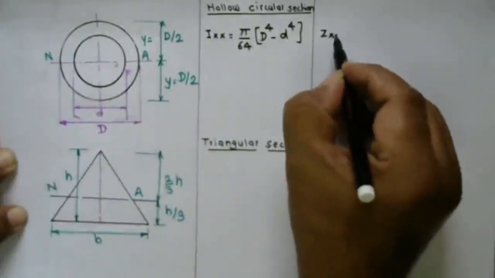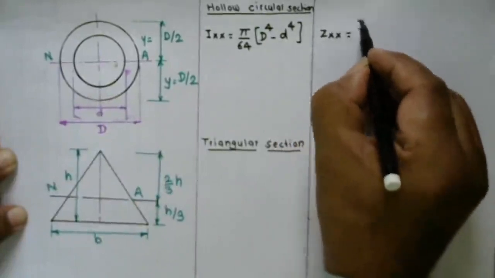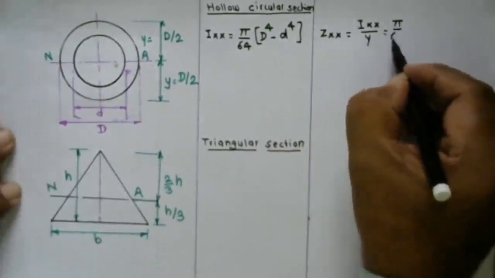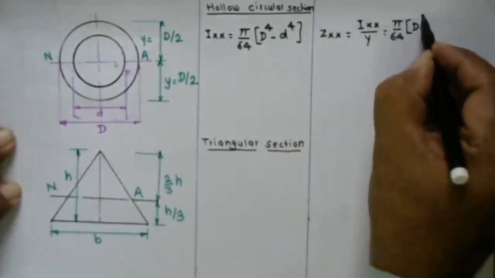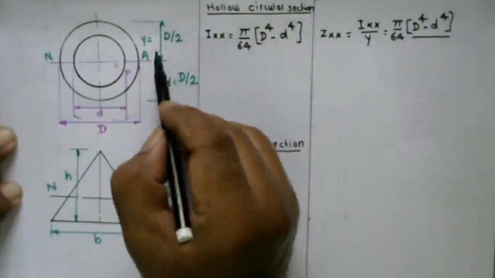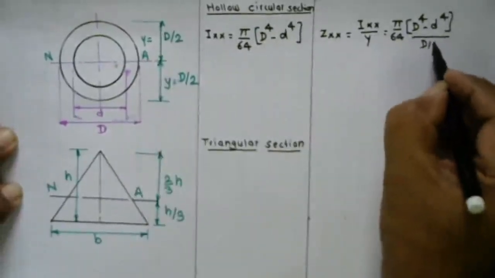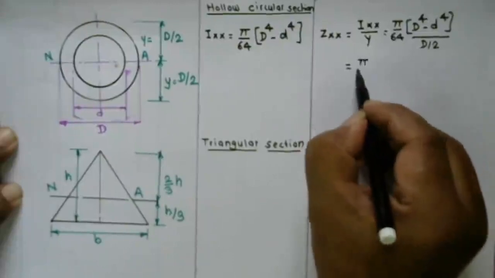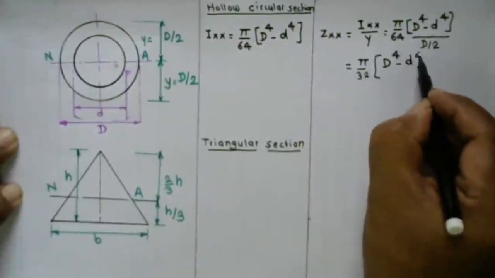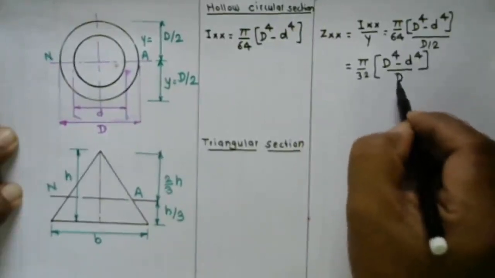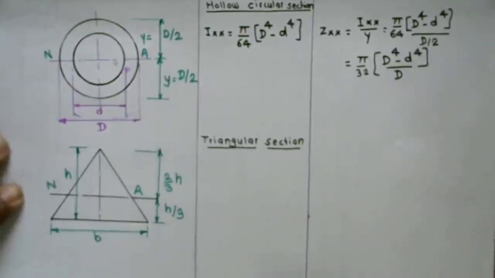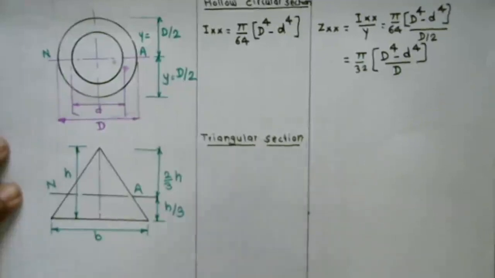So the section modulus of that hollow circular section is equal to Ixx upon Y. Ixx, we have seen, is pi by 64 (capital D raised to 4 minus small d raised to 4), divided by Y, meaning D by 2. So this equation becomes pi by 32 (capital D raised to 4 minus small d raised to 4) divided by capital D, which is the section modulus for that hollow circular section.